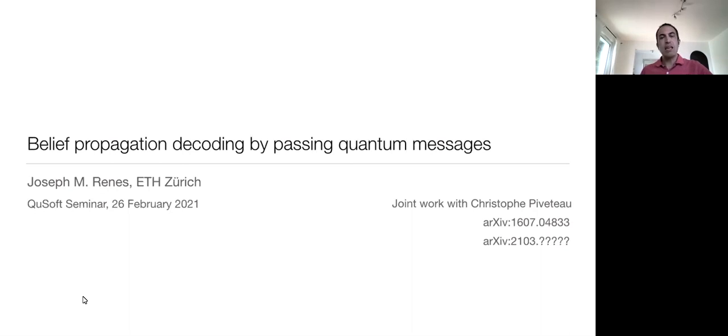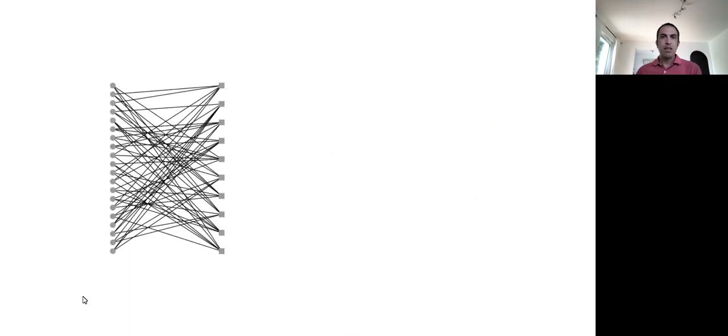The general setting, and maybe this is the most important thing I wanted to get across in this talk, is the following. We're in the setting of graphical models in probabilistic modeling, something that you are probably more familiar with than I am.